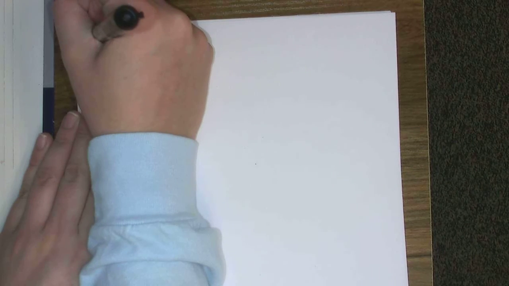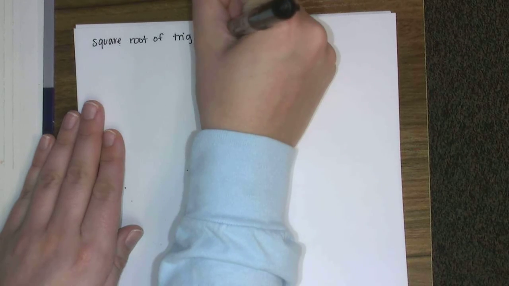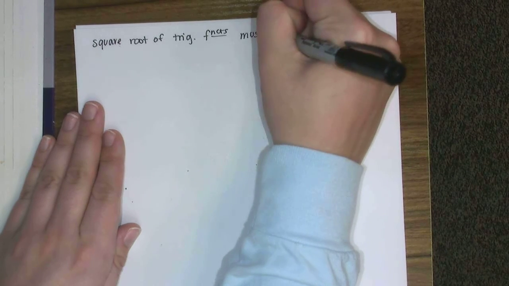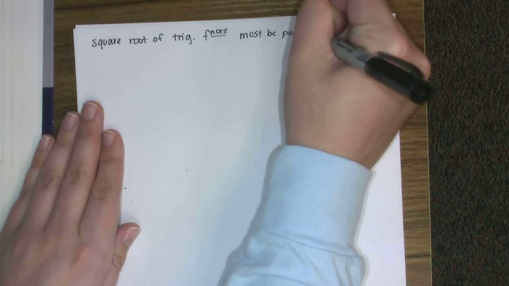Because we're taking the square root of trig functions, they must be positive, so they need to be written in absolute value bars.